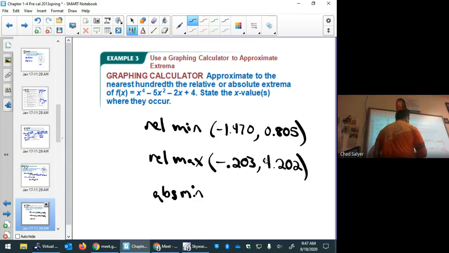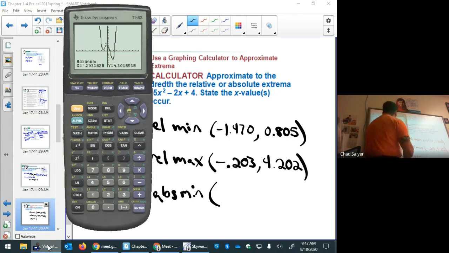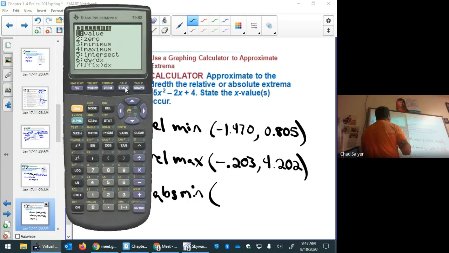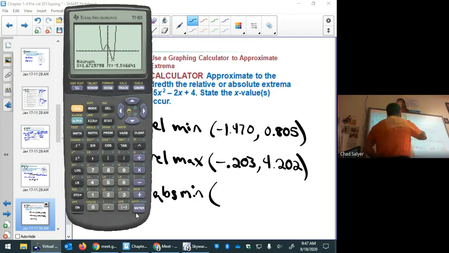To the nearest thousandth. Now the absolute minimum value is over here, second trace, option 3, start at +1, go to +3. And I have 1.673.